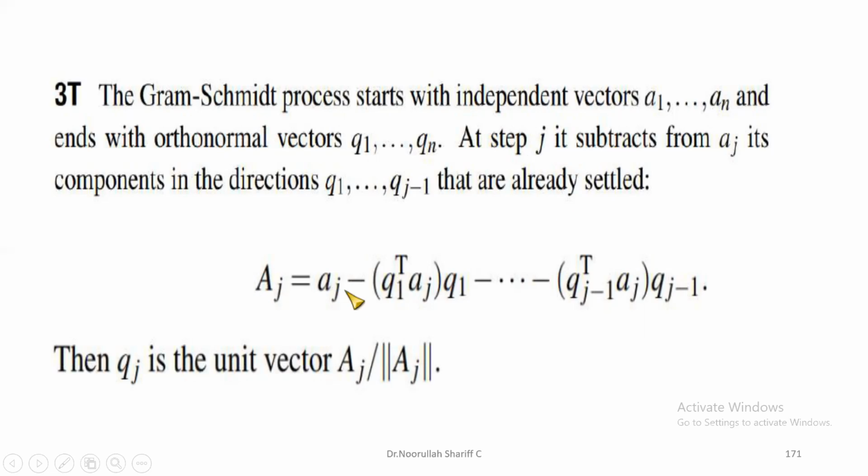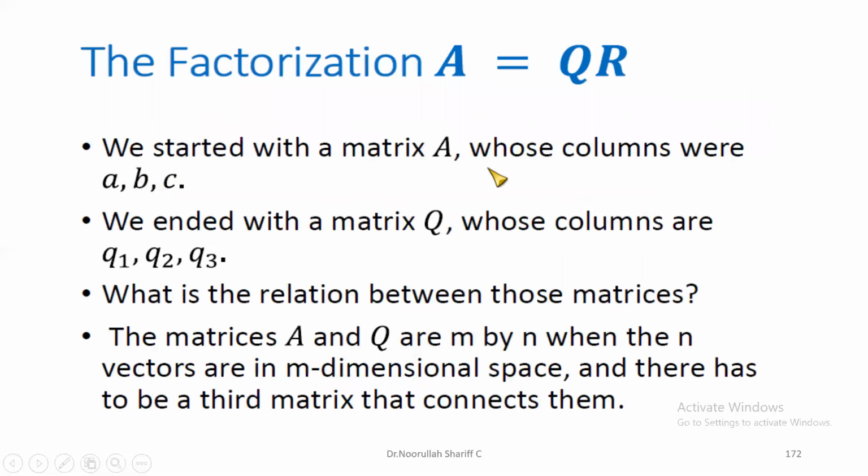That is given by Aj equal to Aj minus Q1 transpose Aj Q1 minus ... minus Qj minus 1 transpose Aj Qj minus 1. And then Qj is the unit vector, that is this divided by its length. So that's the process of converting a set of independent vectors, which might not be orthonormal, to a set of orthonormal vectors Q1 to Qn.